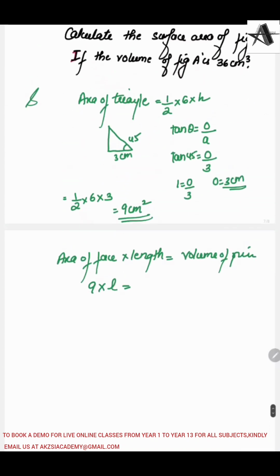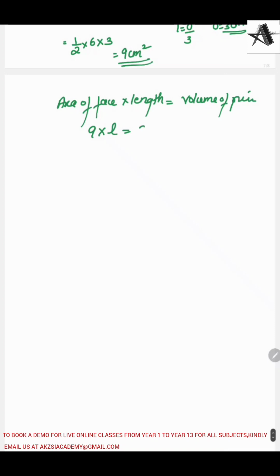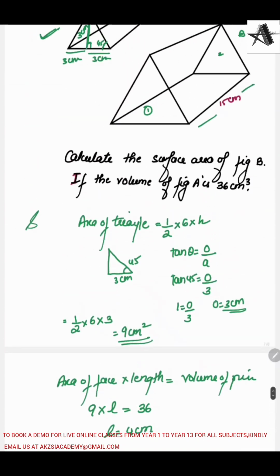So we know area of face times length equals volume of prism. Area of face is 9, length we don't know, and volume of prism is given as 36. So from here the length is 36 over 9, which is 4 centimeters. So now I know that the length is 4 centimeters.